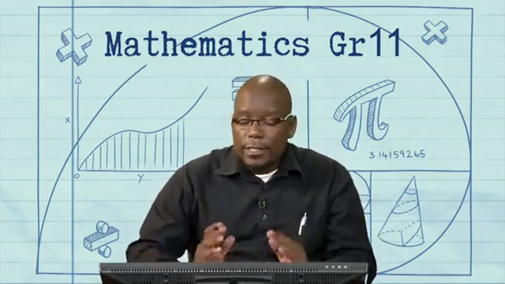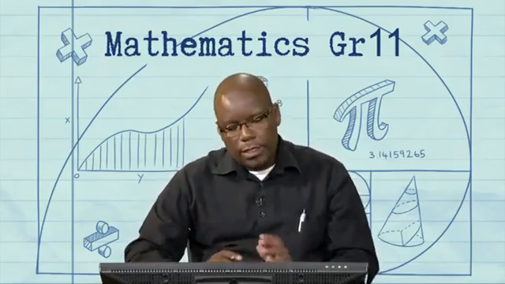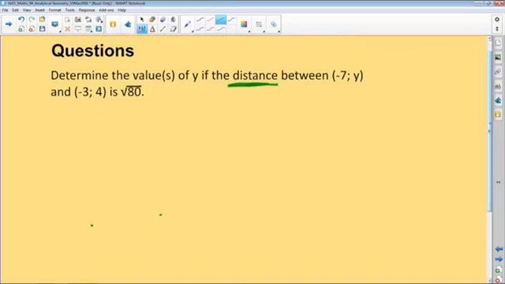Well done, guys. Let's see if you're getting the correct answers. Okay, now the question is determine the value of y if the distance between those 2 points, minus 7, y and minus 3, 4, is root 80. It's always wise to have a picture, right?